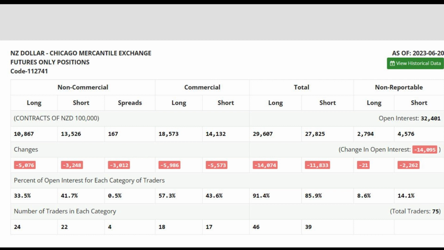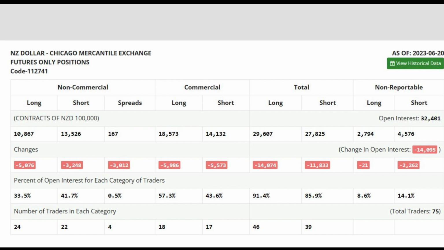Okay, now the COT report. This is a report for New Zealand, NZ against the dollar, and off rip these are quite interesting numbers. Starting with the non-commercials, the long and short positions are quite interesting. There's about shy of 11,000 long positions and 13.5k shorts.